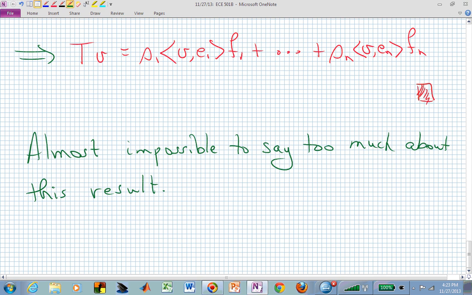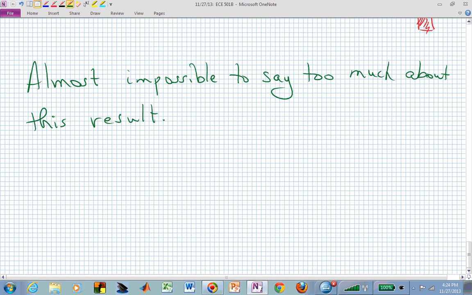Has anyone seen the singular value decomposition before? No? Okay, well, boy, hold on to your hats. Some of you have, but it's very powerful, and it's a really strong numerical technique. So let's now make some comments.